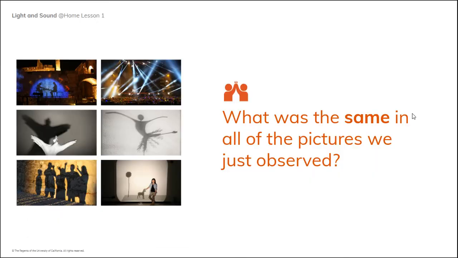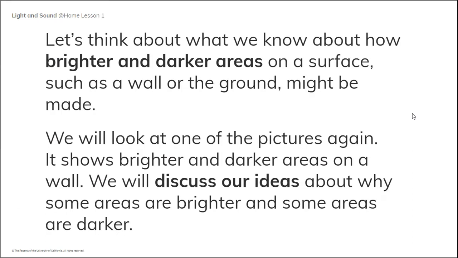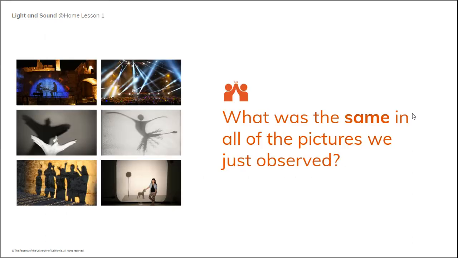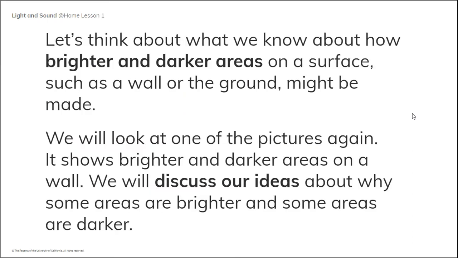What did you notice that was the same in all of the pictures we just looked at? What was the same? I noticed that there were definitely shadows in all of the pictures, and kind of looks like there's light in all of the pictures too.